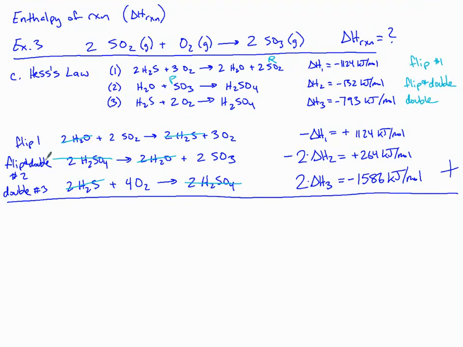So we have SO2, SO3, and we have oxygen. Our only problem, the last piece of this puzzle, is the oxygen. I have 4 oxygens in the reactants, I have 3 oxygens in the products, and I should only have 1 in the overall reaction. And so this means that these 3 oxygens are going to cancel out with 3 of these oxygens, which leaves me with 1.